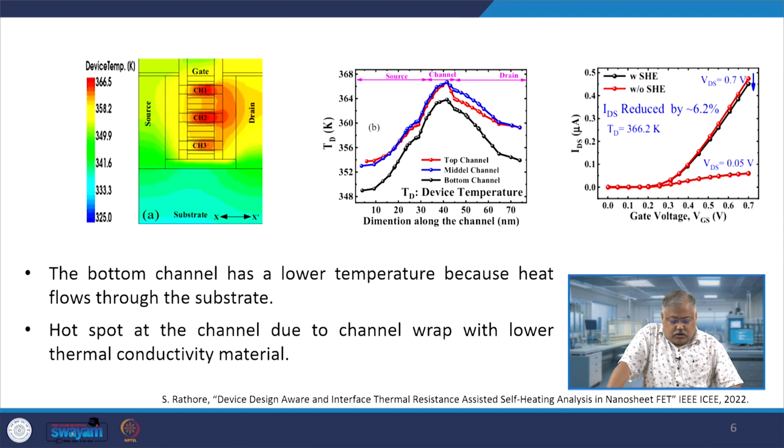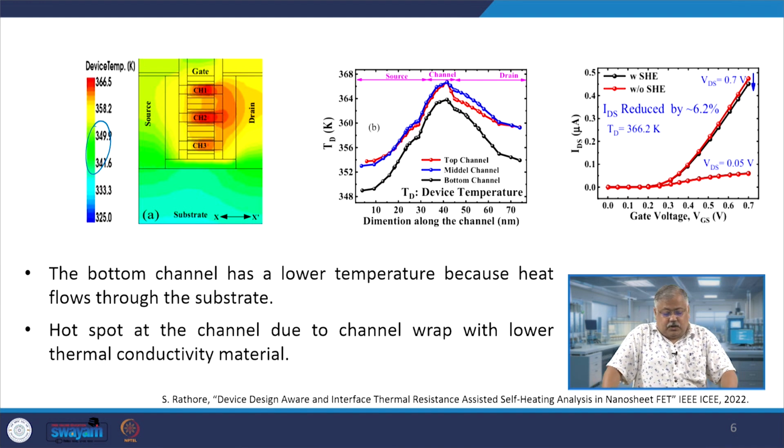Now, if we take this device on the left hand side, as you can see, the red spots are all created near the drain end, right. And typically the temperature is above 365 Kelvin, whereas the yellow or green ones are around 340, which means that approximately a 20 to 25 Kelvin temperature gradient is there within the device itself, right.